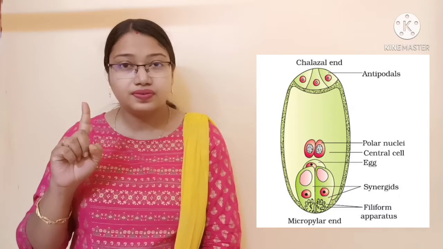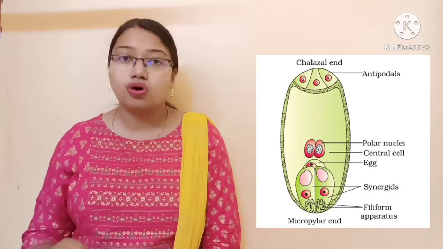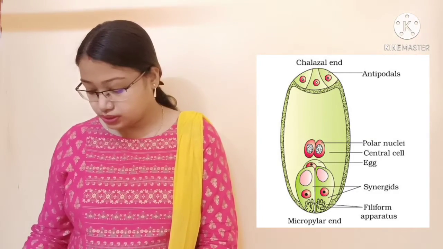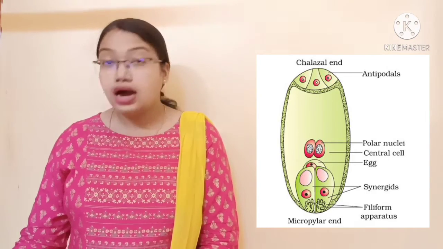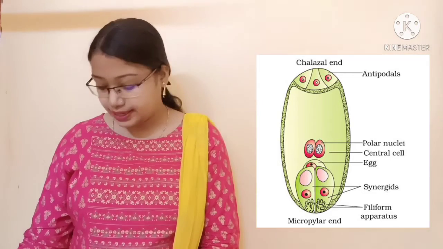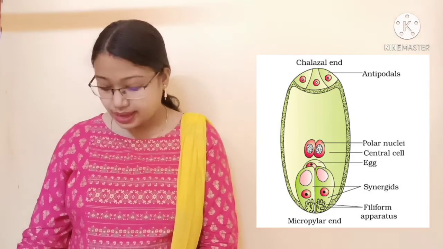Only 1 is functional and the other 3 are non-functional. The functional megaspore grows, its nucleus enlarges, undergoes mitotic division and produces 8 haploid nuclei. The structure formed is termed the embryo sac or megagametophyte.